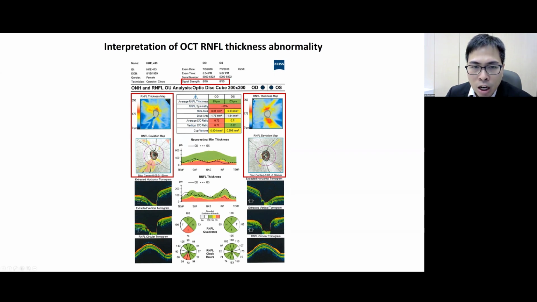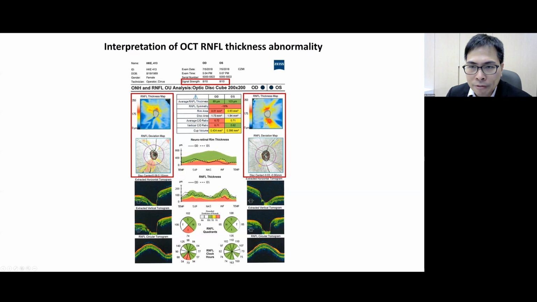So you can see the correspondence between the thickness map and the deviation map in this case. So giving you high confidence that there is genuine loss of retinal nerve fiber layer over the infratemporal region.